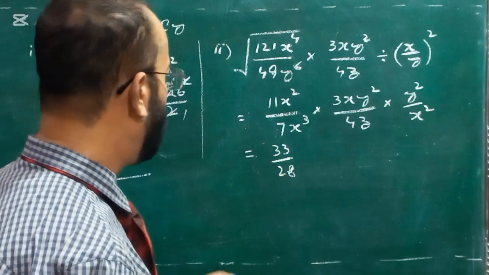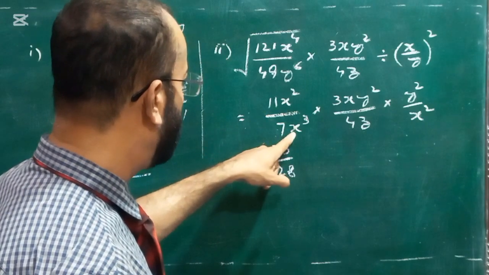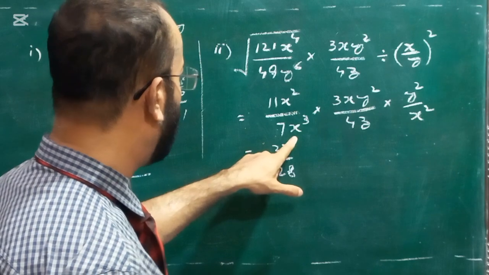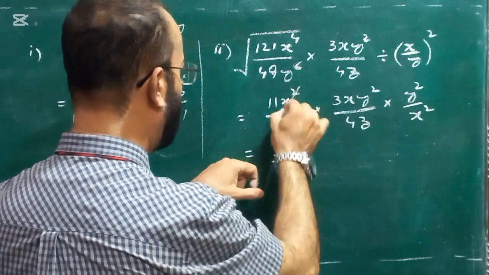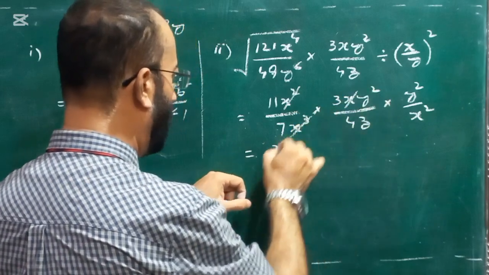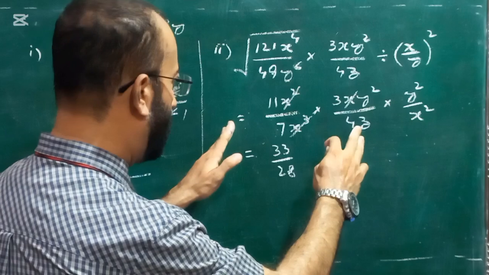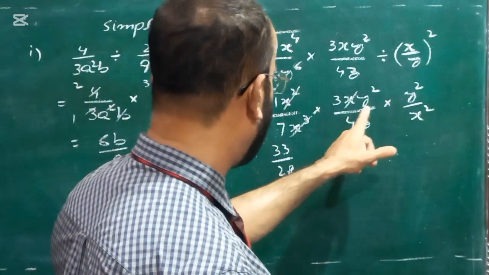Now variables are going to be cancelled. So 2x will be cancelled here. So 1x, okay. In the numerator we have 3x, and these 3x will be cancelled by these 3x. Okay, so x are cancelled in the numerator. Now come to the y square.